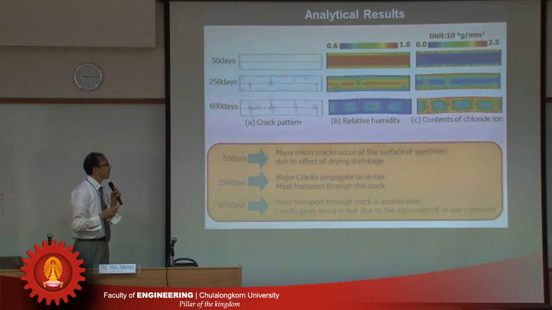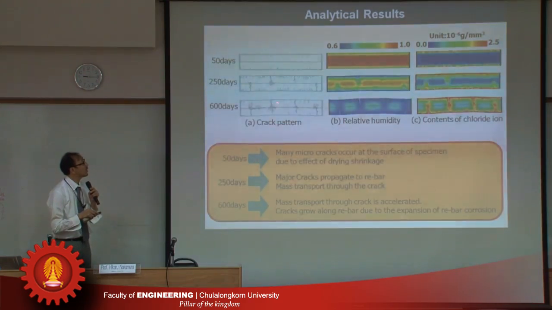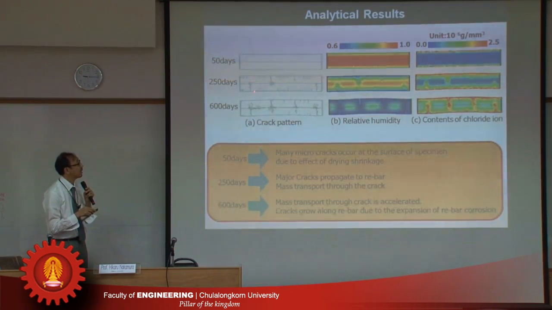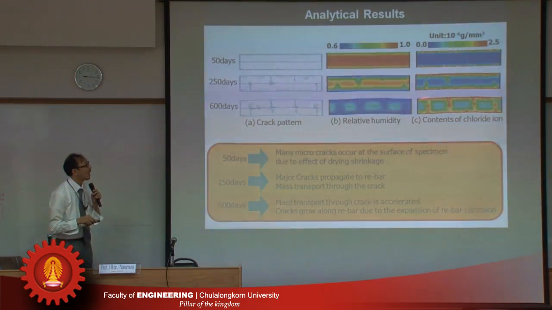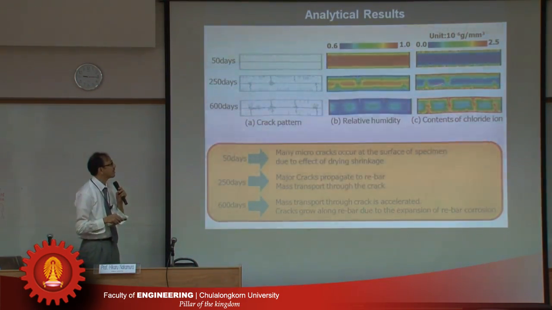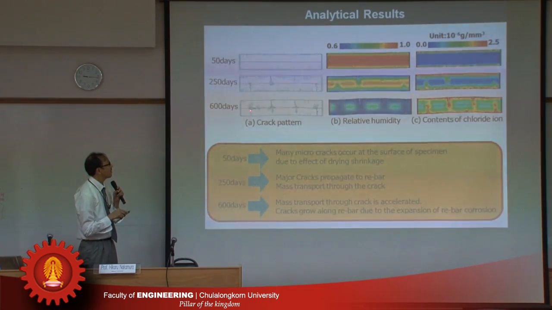At 250 days, a major crack propagates to the rebar and mass transport goes through the crack due to the higher value. At 600 days, mass transport through the crack accelerates, and the crack grows along the rebar due to the expansion of rebar corrosion. Because after the corrosion we consider the comparing displacement along the rebar, the crack propagates this way.